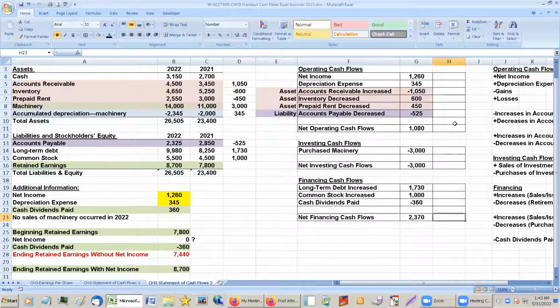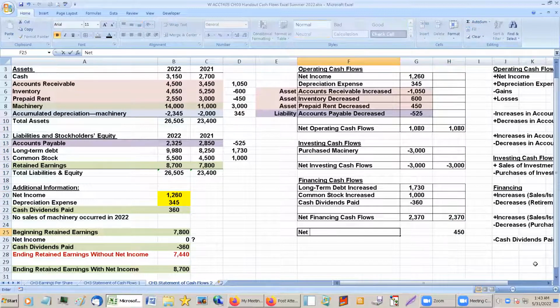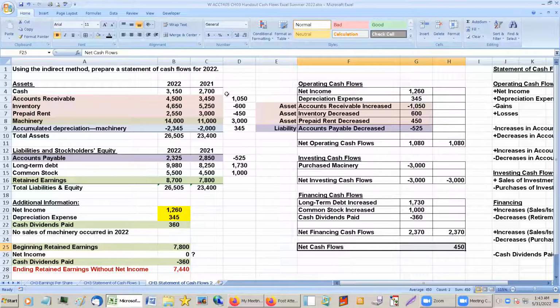Okay, so we're going to see here, and this is kind of where it becomes a little bit interesting. Okay, net cash flow is 450. This is actually a very interesting number. And I'll show you why.